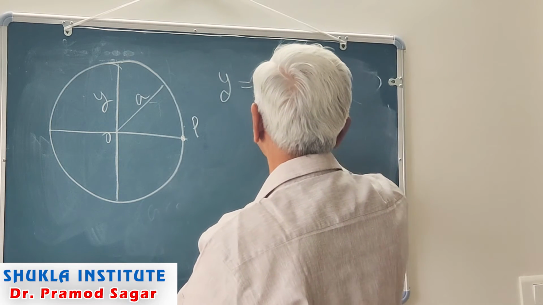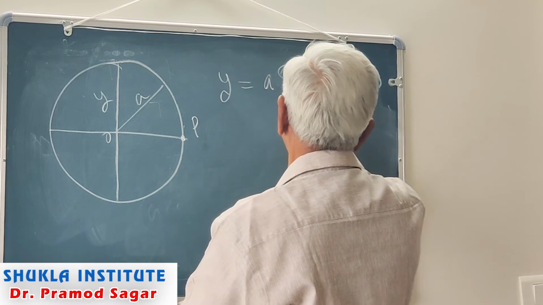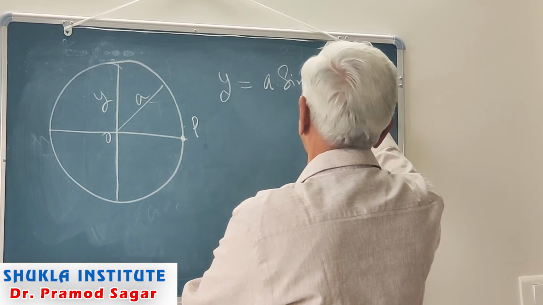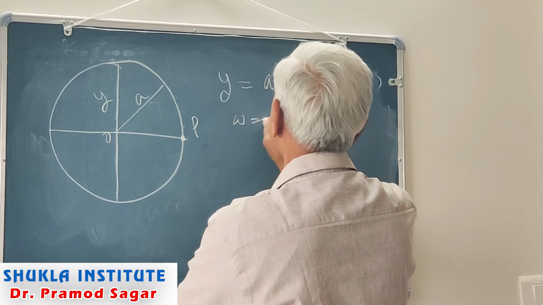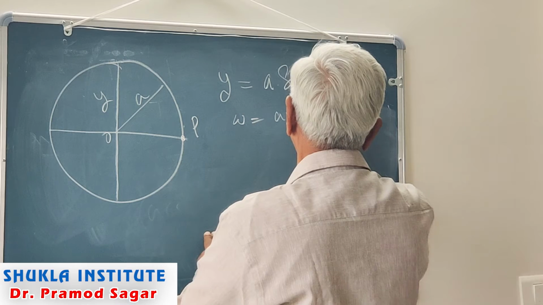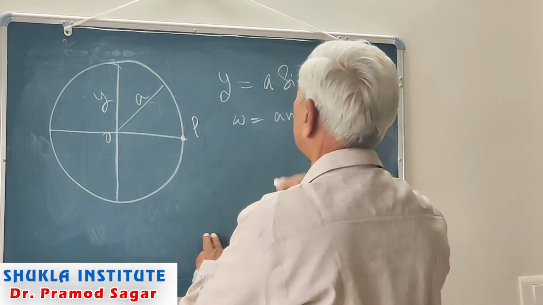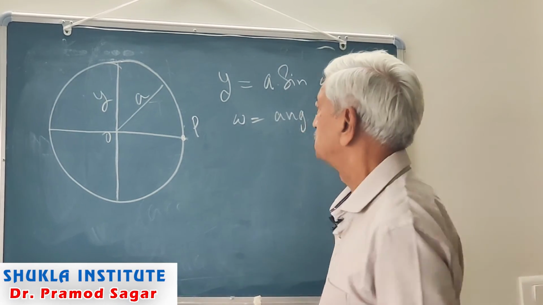y is equal to A sine omega t, where A is the radius of the circle and omega is the angular frequency of the moving particle.